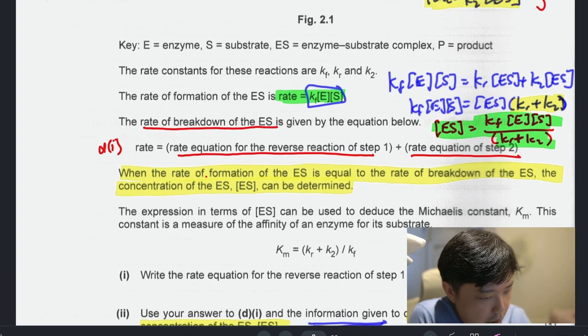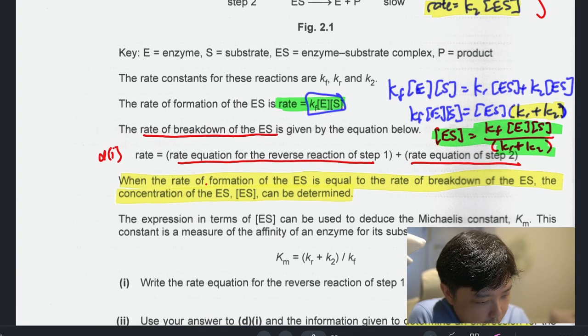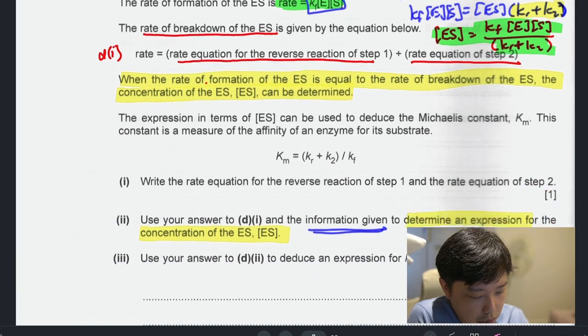The concentration of ES equals KF, concentration of E, times concentration of S, over KR plus K2. Okay, so this is for part 2.